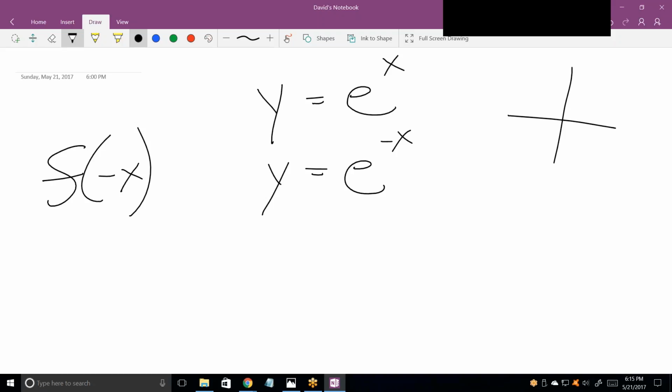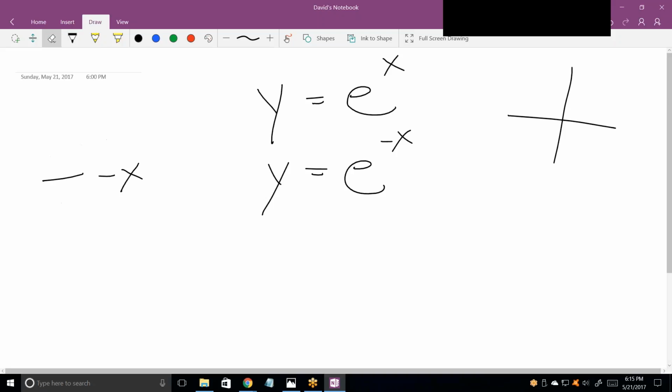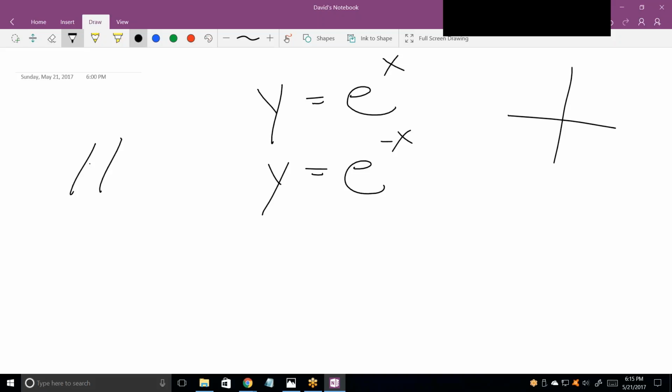If f of x equals e to the x, then f of negative x equals e to the minus x. So that's what makes it inside the function. So is this horizontal or vertical? It would be horizontal. Horizontal reflection, meaning reflecting over which axis? Y-axis. So instead of looking like this, it looks like this.